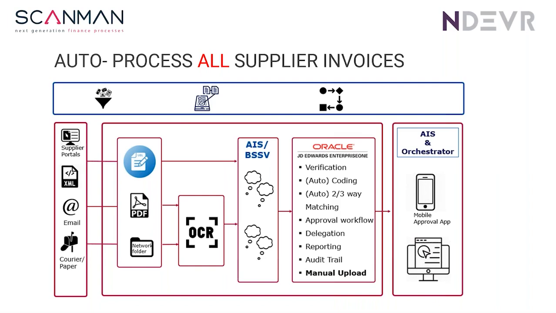If they're not part of JD Edwards, they still need to do approvals, then they can use the mobile app. This one is both Android and iOS supported. And the connection between the mobile app and the JD Edwards E1/SCANMAN environment is done via AIS server. It's the technology that's been used.